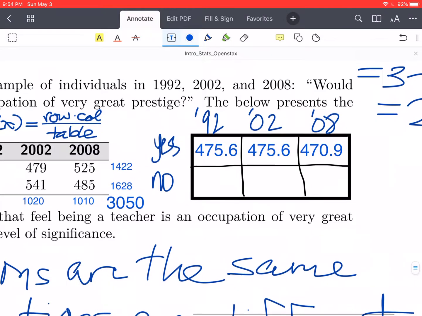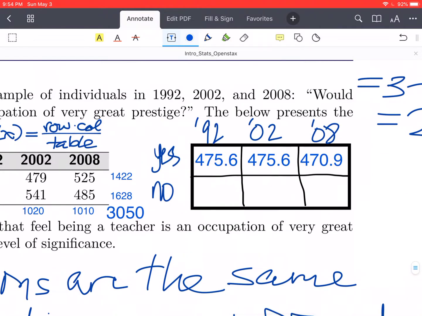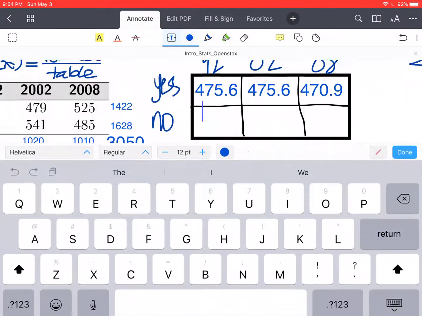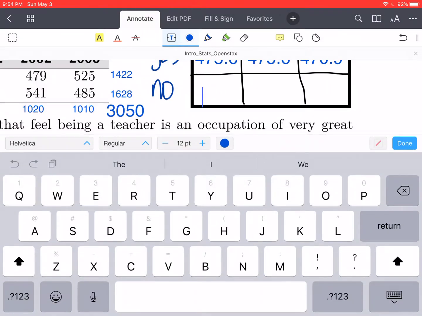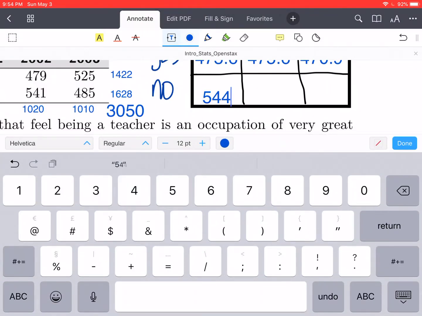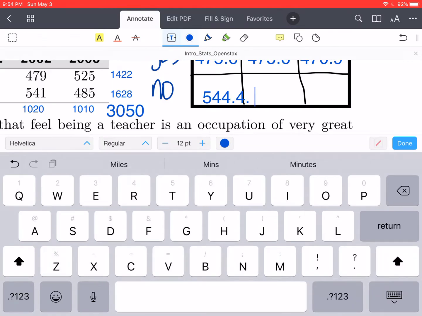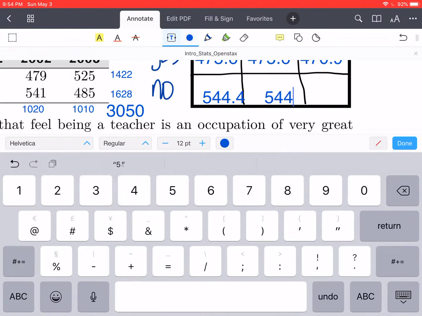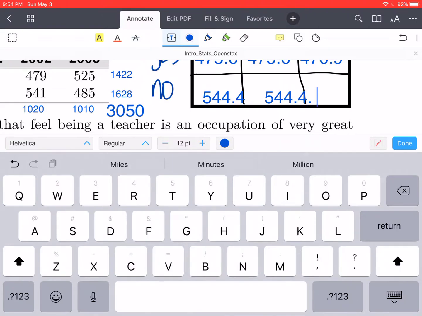Okay. So those are our expected counts for that first row, and then for the second row, we're going to get 544.4, and then of course these are the same row total and column total, so this one's also going to be 544.4.